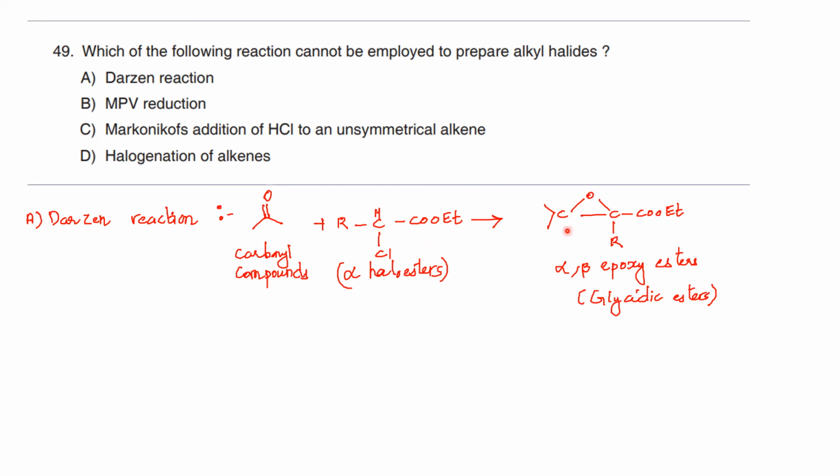That reacts to form an epoxy ester, that is an epoxide containing ester as the side chain. So this is Darzens reaction. So definitely that will be the correct option because it doesn't yield an alkyl halide. Therefore the correct option is actually Darzens reaction, but we'll have a look at the other options as well.